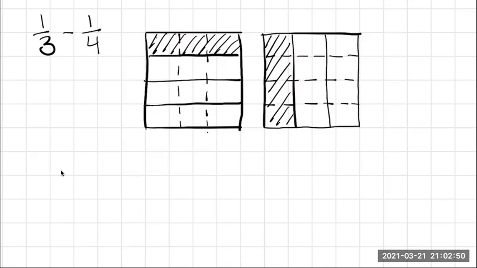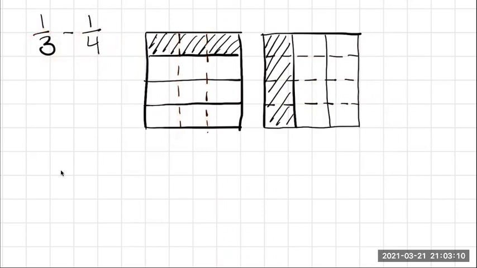So we always want to break into our opposite denominator. With 1/3, my opposite denominator is 4, so here I did 4 pieces. Then with 1/4, my opposite denominator is thirds, and I did 3 pieces here.